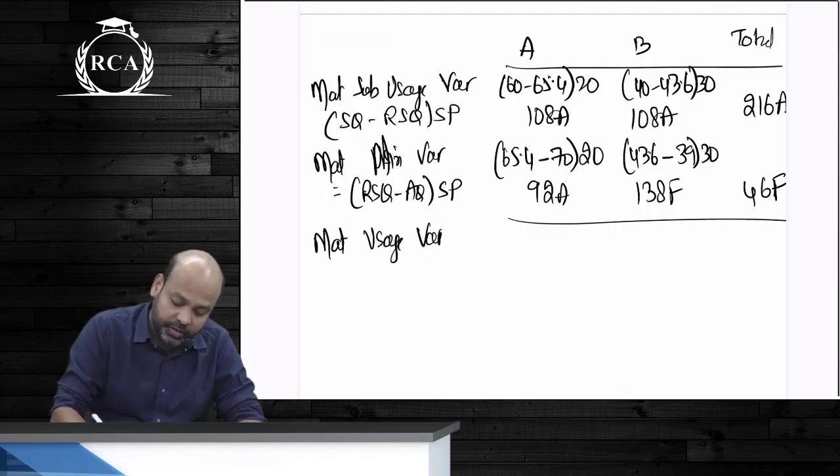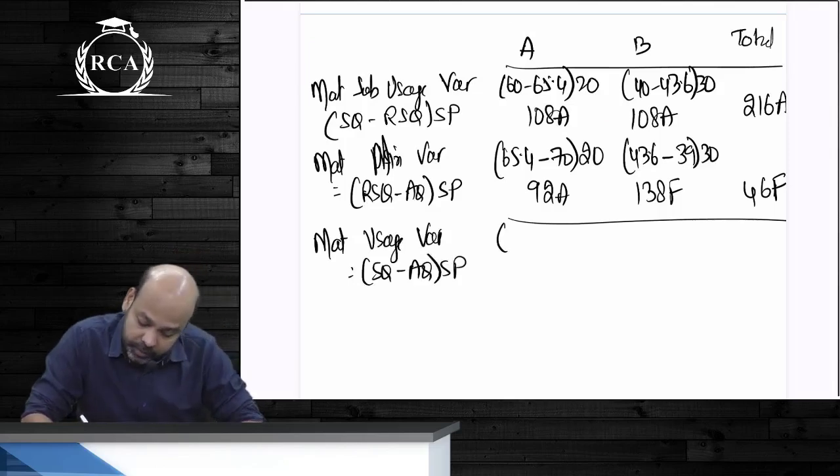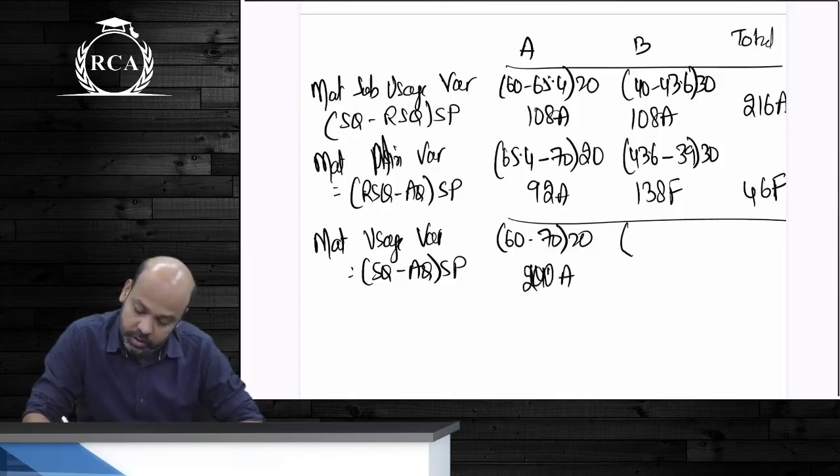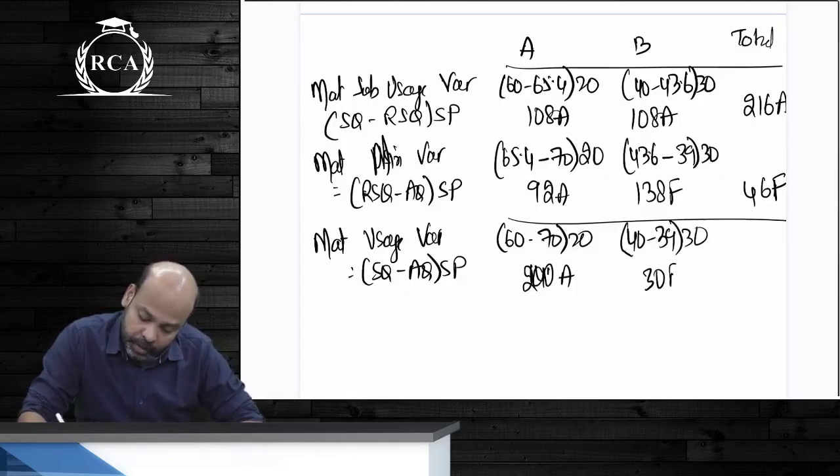Material usage variance will be standard quantity minus actual quantity into standard price. 60 minus 70 into 20, 200 adverse. 40 minus 39 into 30, total 170.